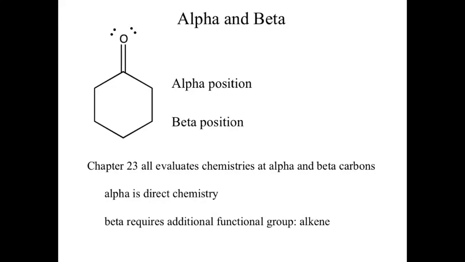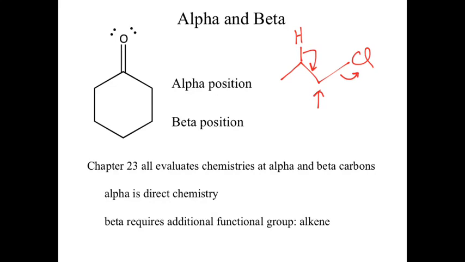In almost all of our other reactions, we ignored those positions to a certain extent. Think back to our alkyl halides. We weren't just looking at chemistry at the carbon where the chlorine was attached. We also looked at chemistry over here, right? Because we could do an elimination reaction.